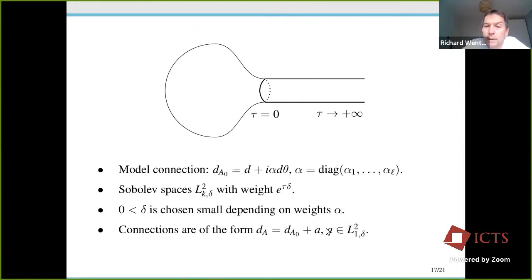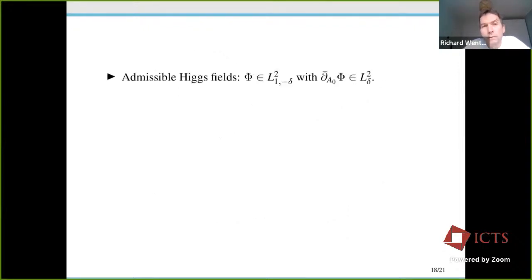So the way you should think about this is that this connection is decaying to this model connection as tau goes to infinity. Okay, and now for the Higgs field, we actually allow some growth. So it's convenient to take it to be in L2 minus delta. These spaces make sense for negative values of the weight as well.